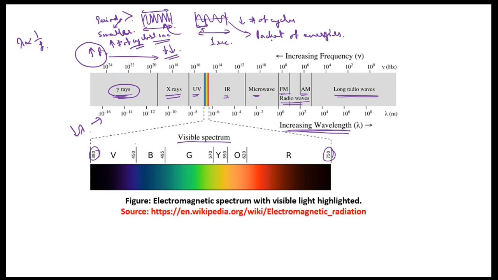So what does this indicate? This indicates that as we move from left to right, the frequency is decreasing, and as the frequency is decreasing, the packet of energies per unit time carried by the electromagnetic radiations are decreasing.